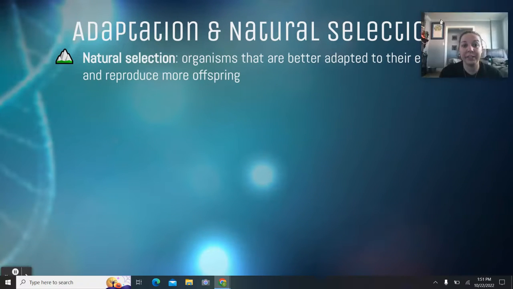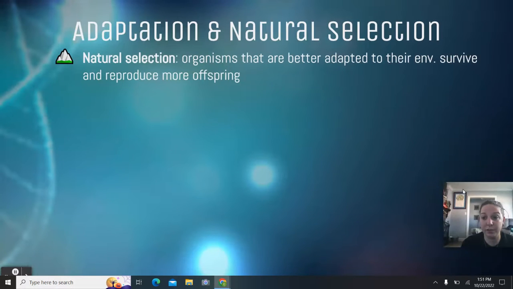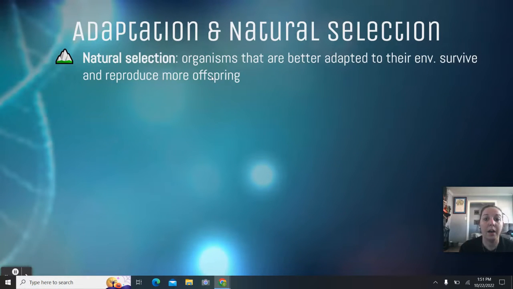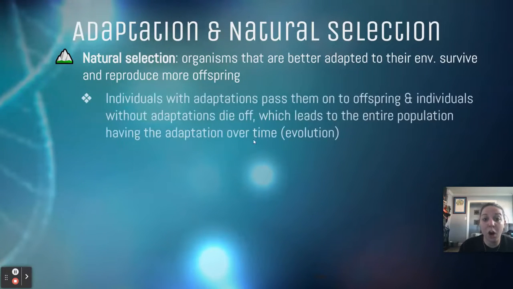So when we talk about these adaptations in relation to natural selection, organisms that have those adaptations are going to be better suited to their environment, and they're going to be better at surviving. And if they can survive, they're going to reproduce. And if they reproduce, they're going to be passing those traits on to their offspring.